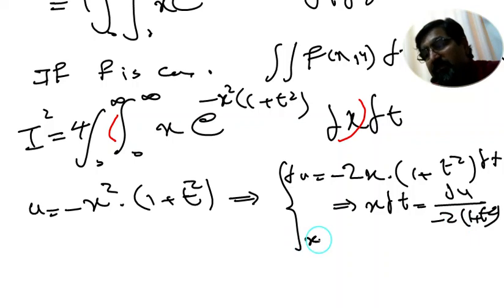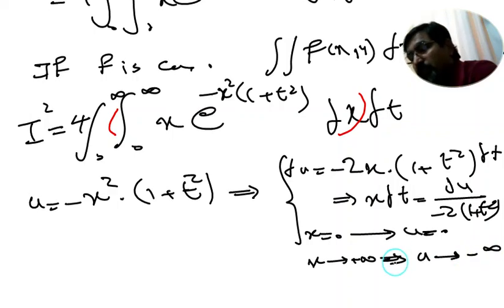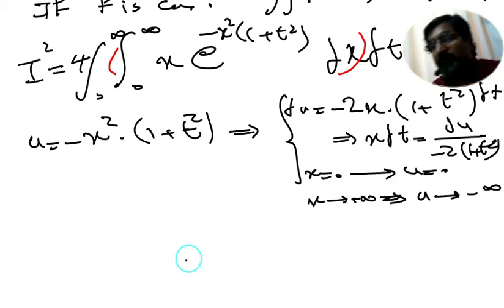When x goes to 0, u also goes to 0. When x goes to positive infinity, x squared also approaches positive infinity, but we have a negative here, so u approaches minus infinity.